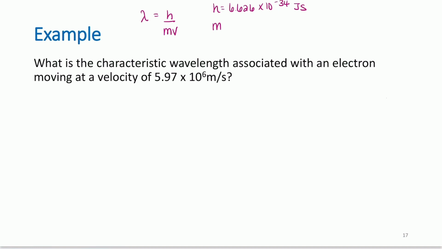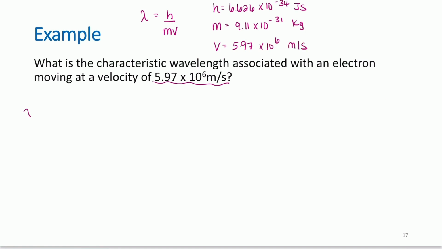I will give you this mass, but the mass of an electron is 9.11 times 10 to the minus 31 kilograms. I was thinking of Planck's constant, I apologize. Honestly, the only reason I remember this mass is I think of 911, like our emergency system. I think of Halloween. I don't know why, but that's what goes in my head. That's how I remember the mass here. You do not need to memorize that mass. And the velocity given here is 5.97 times 10 to the 6th meters per second.